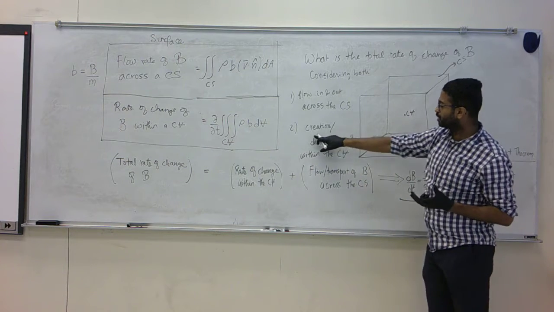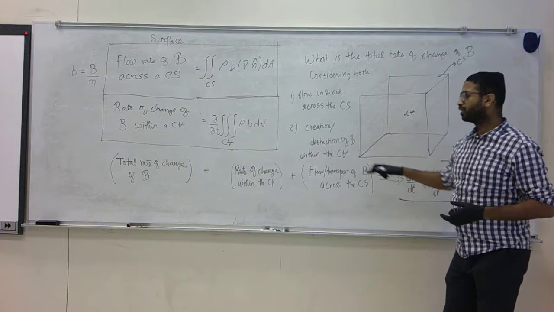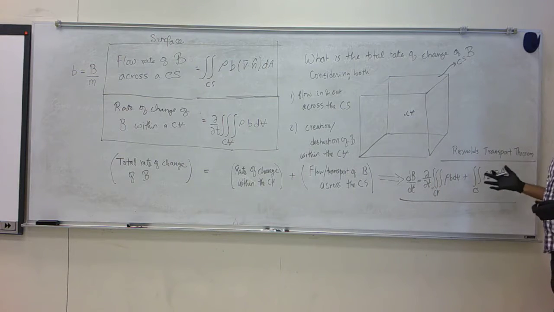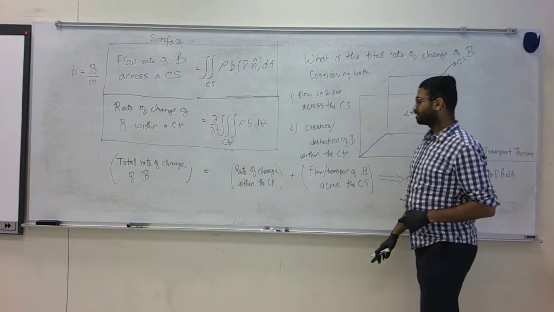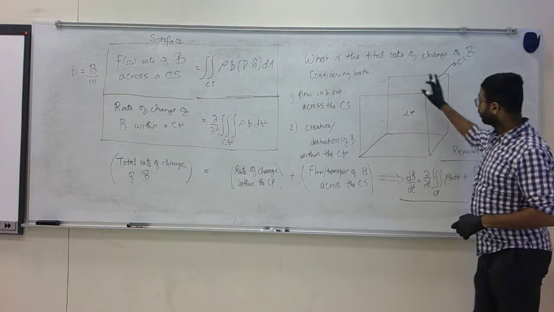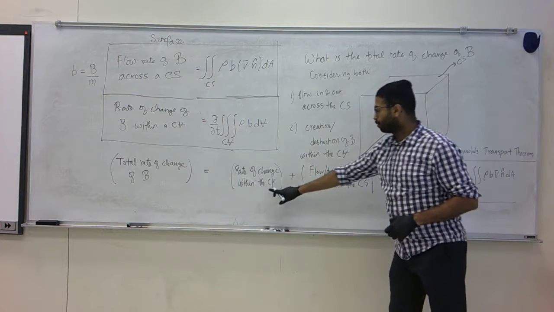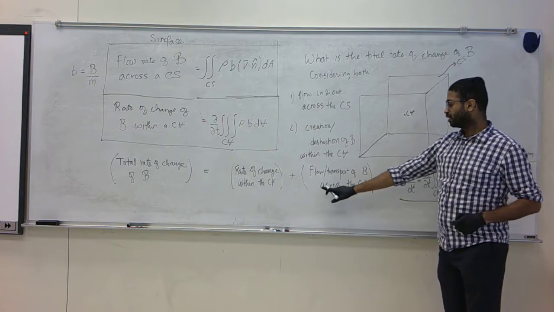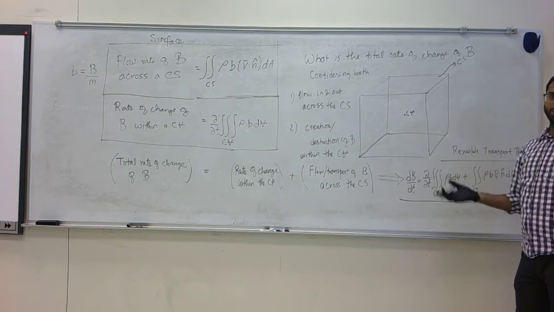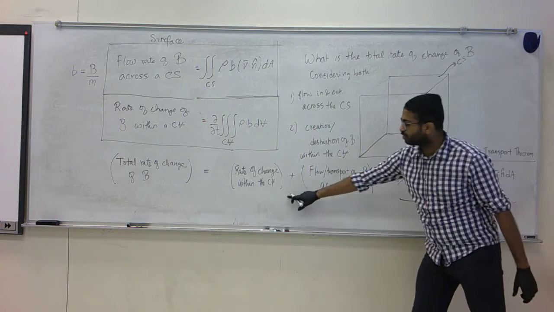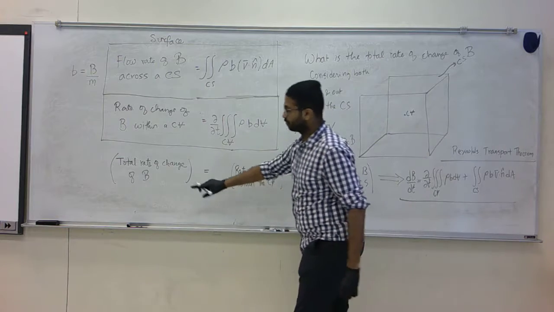That would be the creation and destruction of B within the control volume. The statement of logic is that the total rate of change of B is the rate of change of B within the control volume, this is a volume change, plus the flow of B across the control surface. If you add these two, you should get the total rate of change.